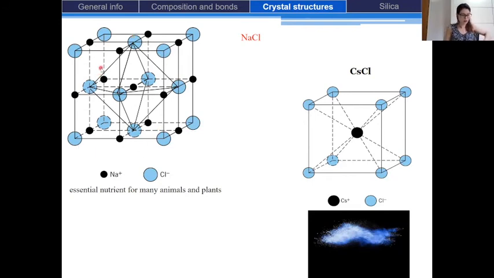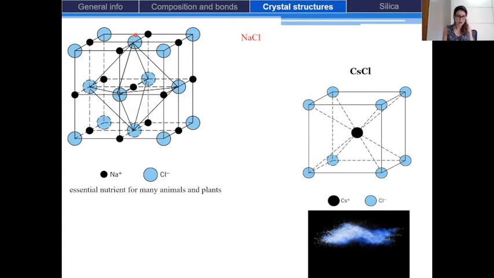So in this case, we can describe it as an FCC arrangement of anions with 1 cation situated at the center of each of the 12 cube edges.